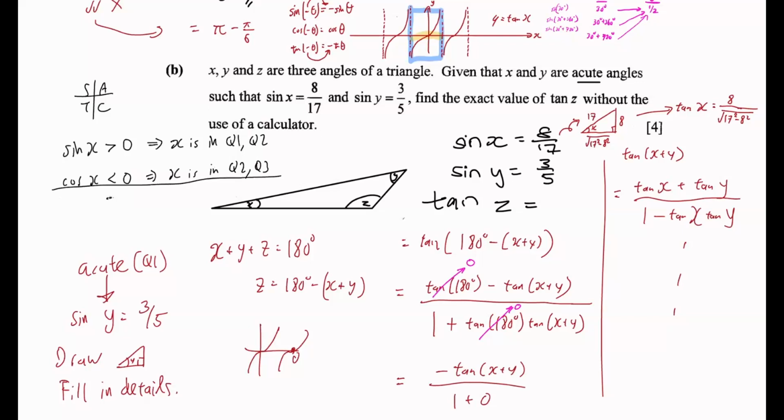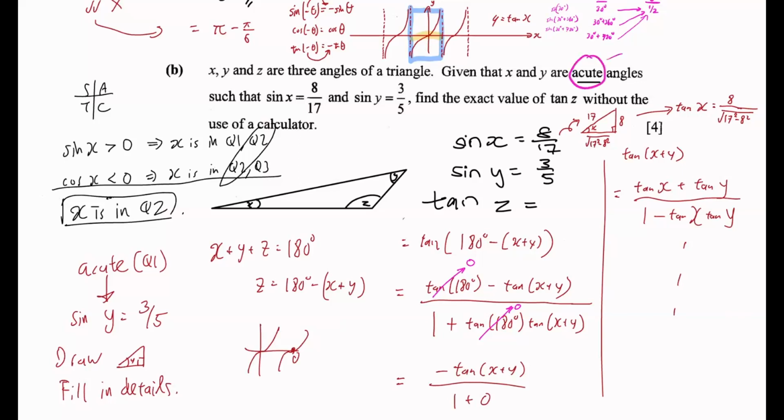Then overall, the overlapping region is X is in Q2, sorry. Remember this kind of logic? That's required if they never specify which quadrant the angle X and angle Y is in. Lucky for you, this question is simpler.